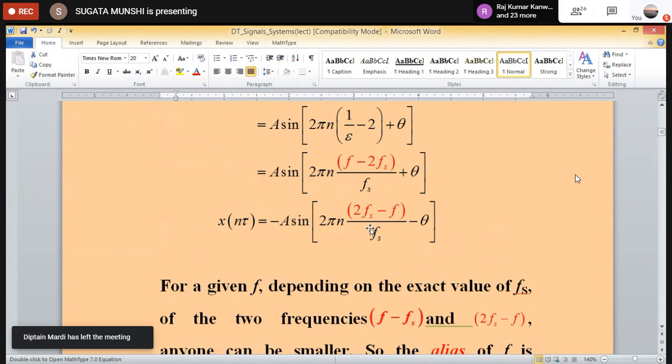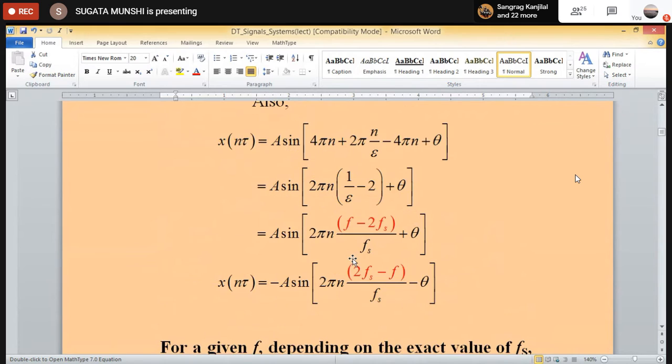This term will be negative. That is the reason. That's what I have stated. F minus fs will be positive for the condition f by 2 greater than fs. If fs is f by 2, then it's 0. Sir, f minus fs will always be positive because that is the initial condition. The other one will be negative.